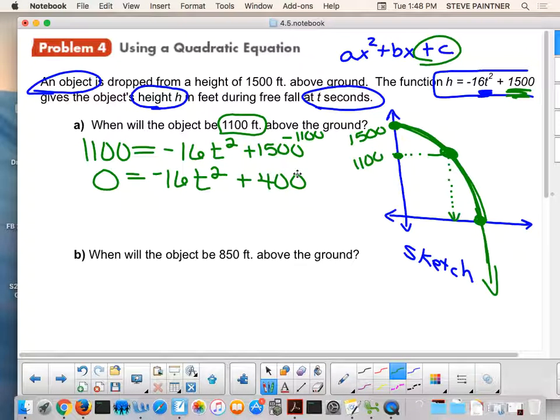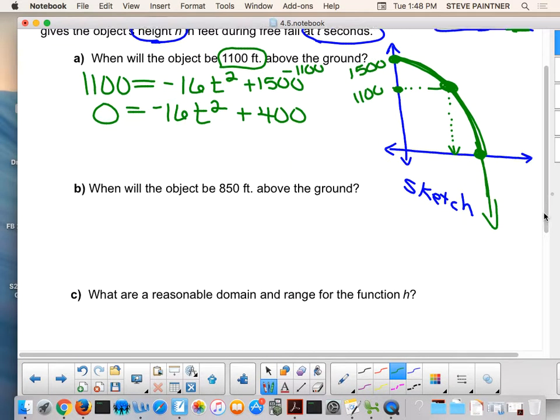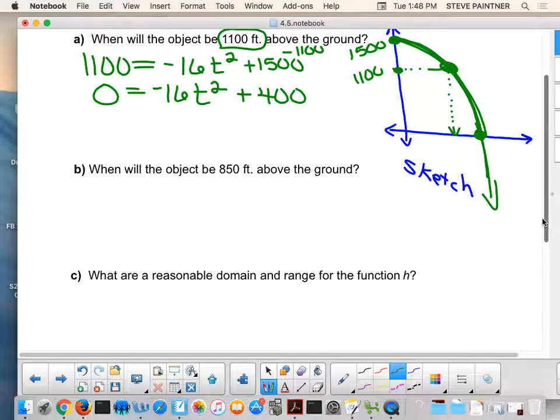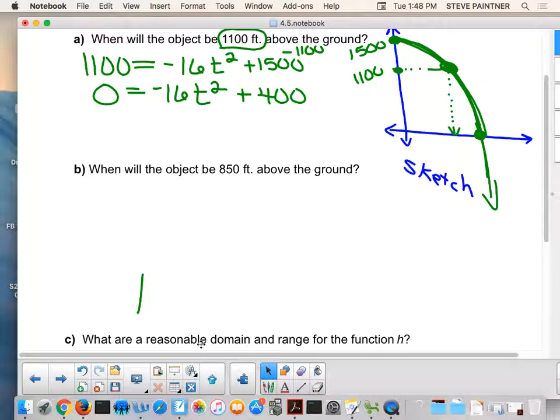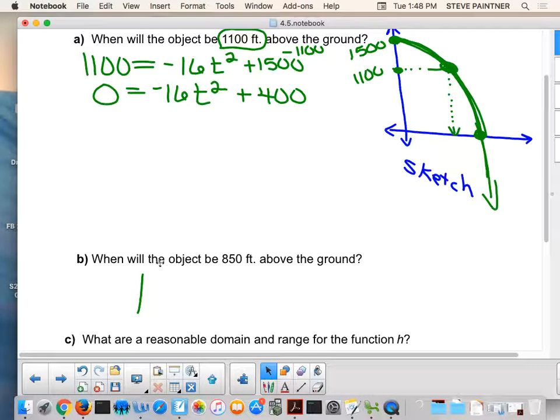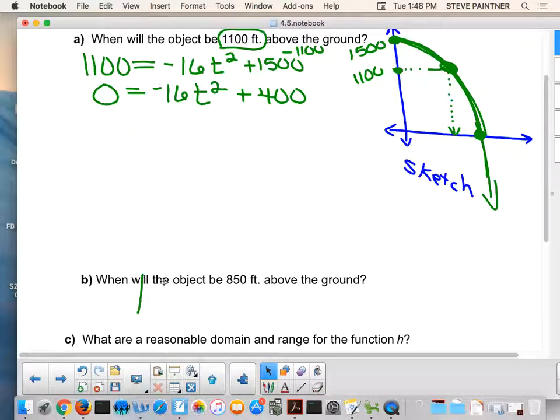Okay? Factor. GCF. What's the GCF? Anybody know it? 4. I heard 4. 4 is good. It's not the best. 8. I'm not sure if 8 goes into it. Yeah, 8 goes into there. 16.